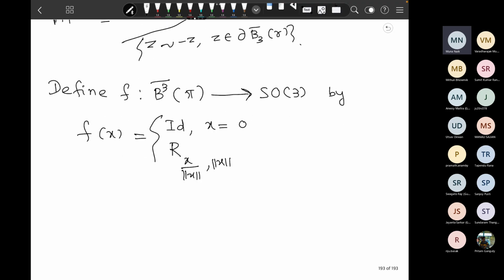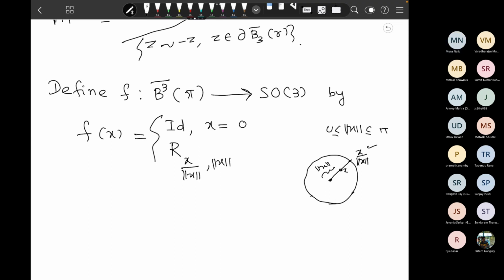You take this closed ball of radius pi, and suppose this is my point x. You get the direction x by norm x, and f of x is the operator that fixes the vector x by norm x, and rotates the plane perpendicular to it by angle norm x. Now norm x is between 0 and pi because we are taking x from the closed ball of radius pi.